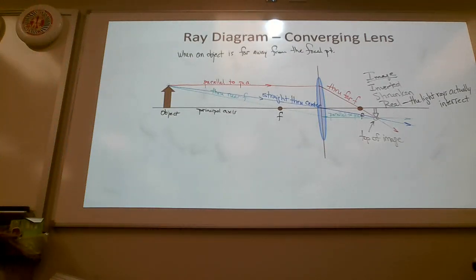This is what that ray diagram looks like. It will produce an image that is inverted, shrunken, and real. The object's on the focal point. Next. Nope. Worksheet. Great question. Okay.